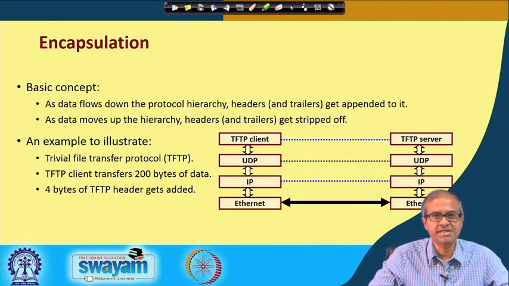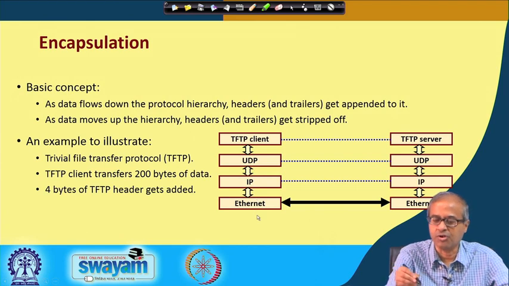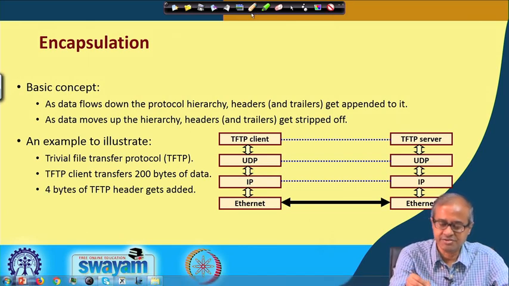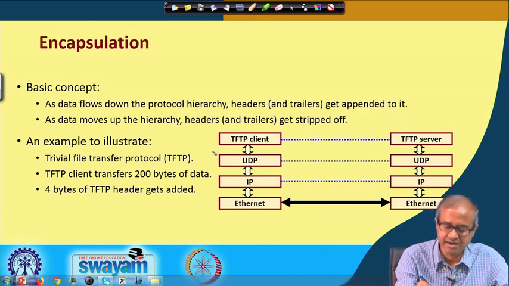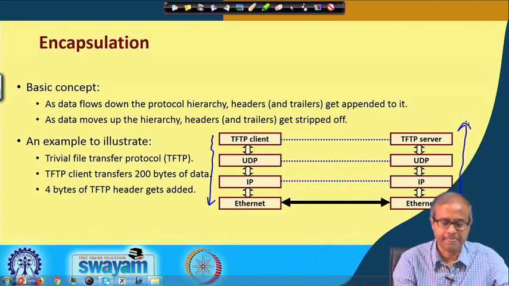Well, there is a concept called encapsulation. Let me briefly talk about it with the help of an example. You have seen the network protocol stack. In the network protocol stack, data flows in one direction, and at the receiving end, it flows in the reverse direction.